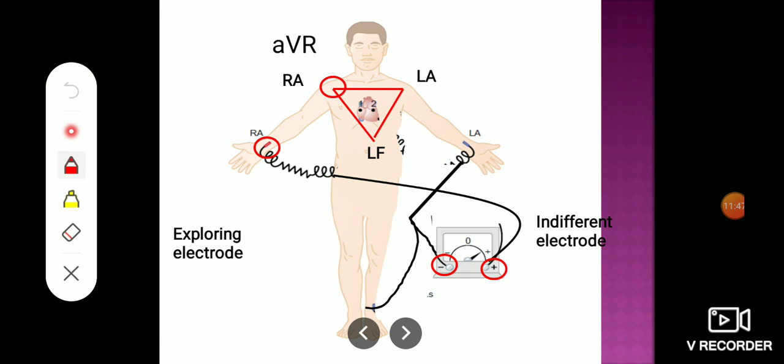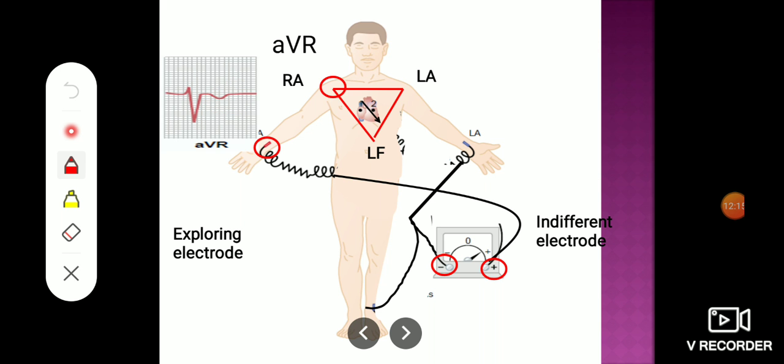If they are going away from the positive electrode, it will draw a negative deflection. That's why, see what will happen now. This is typical of AVR. You will get negative waves. P is also negative, T is also negative, R is also negative in this, or very small in fact, and S is very prominent.